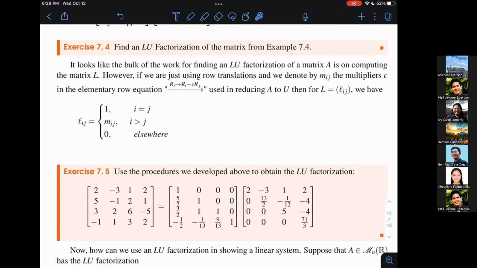Kaya ito yung drawback nito. Madali siyang intindihin yung idea ng LU factorization using this approach, pero mahirap talaga siyang i-implement. Kasi kailangan mo tingnan step by step kung ano yung nangyayari dun sa Gaussian elimination pass.